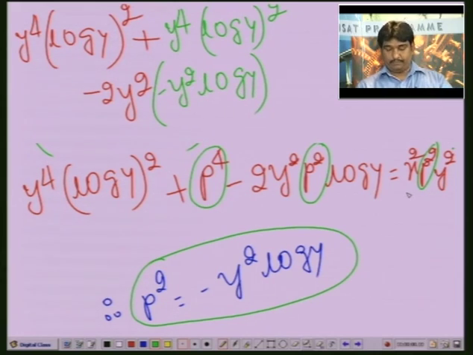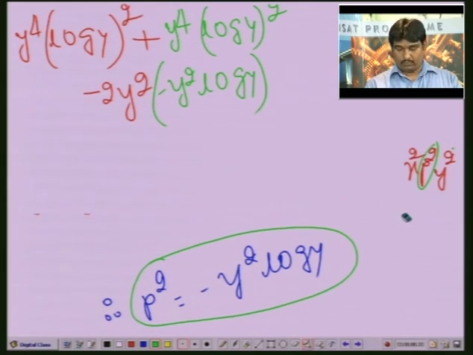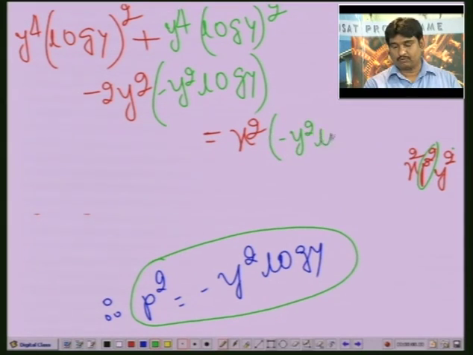The right hand side is x square into the p square value. p square is minus y square into log y, into y square as it is.